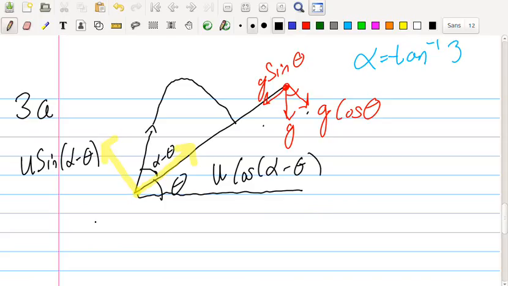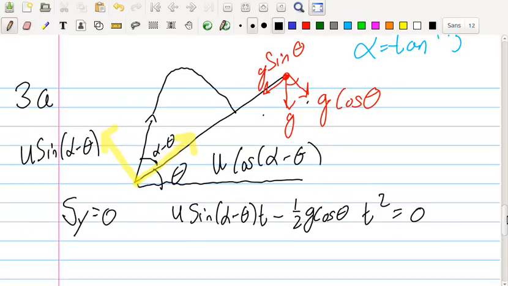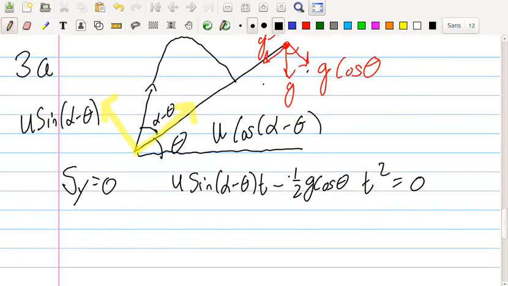So time of flight, that's sy equals 0. So that's ut minus a half a, which here is g cos theta, a half g cos theta t squared equals 0. So, well, you know the story here.